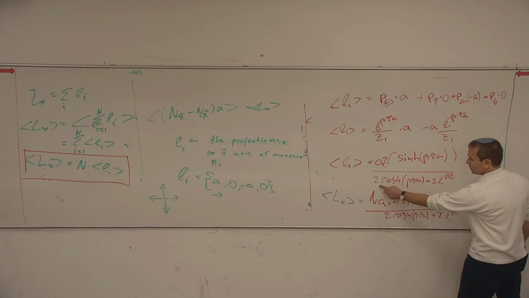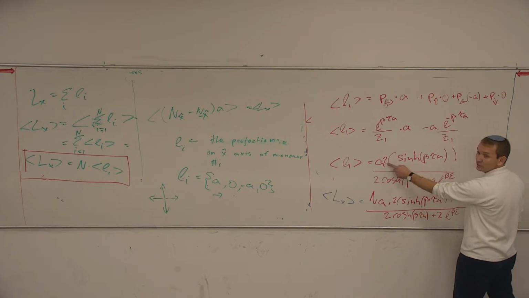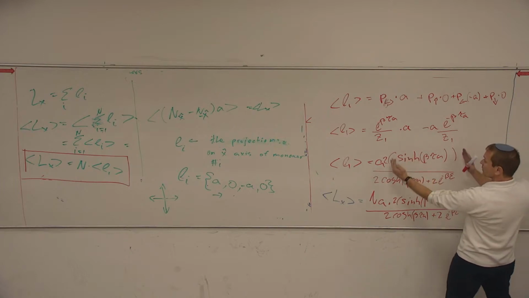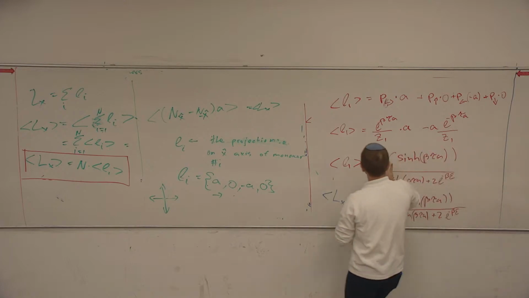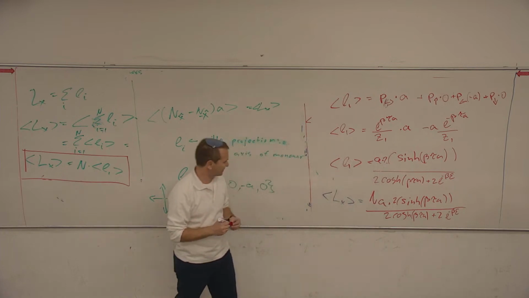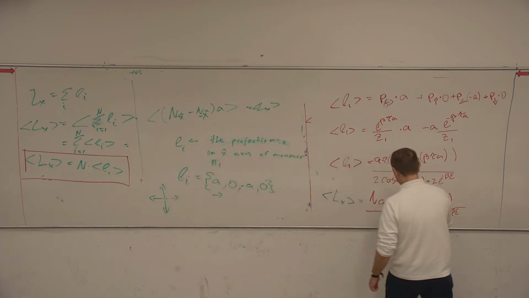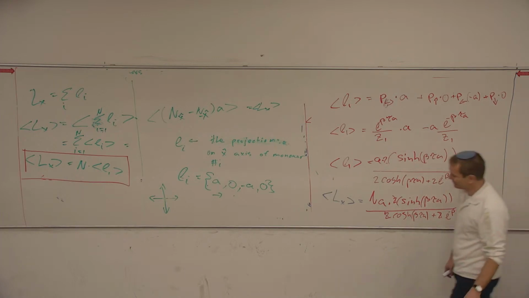Z1 has 2 over here and 2 over here. So there are parentheses over here. Okay? So it's not A to the second power. Now we can get rid of the 2's, and this is our answer.